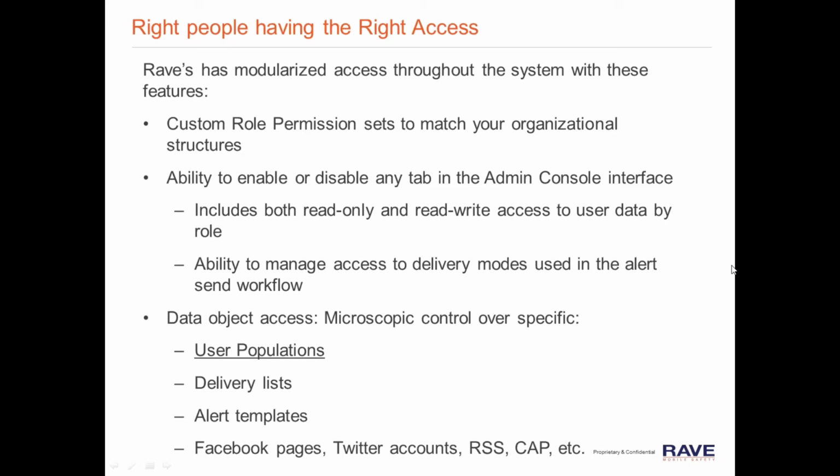So if there's a population of users that you want to just let the department admin see, access, and create their own little sub lists out of. So here at Rave, there's our sales team, and I might want to make different lists for the territories. We can do that, and I can delegate that access down to someone who's not a full-blown domain administrator. So you have a ton of granular controls.